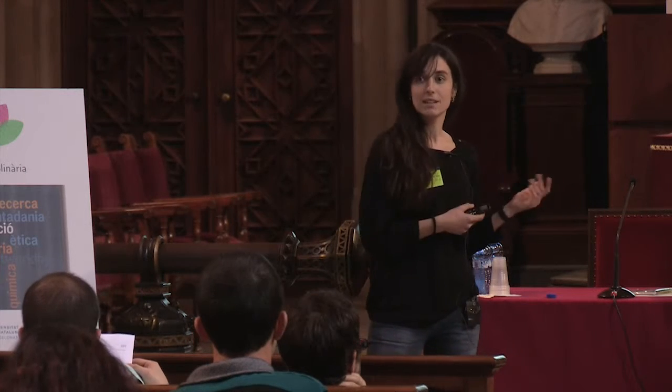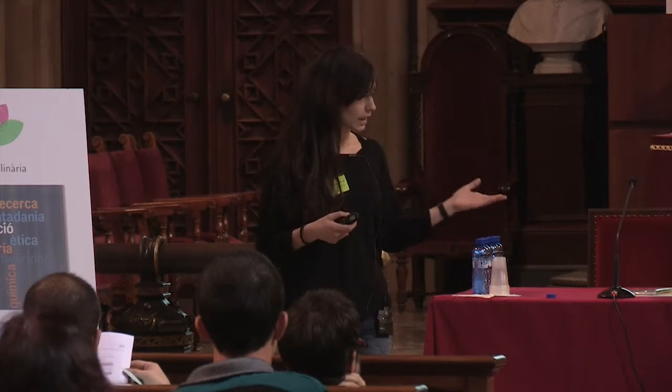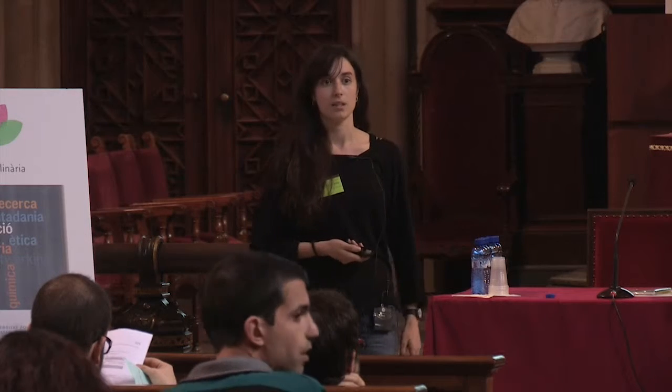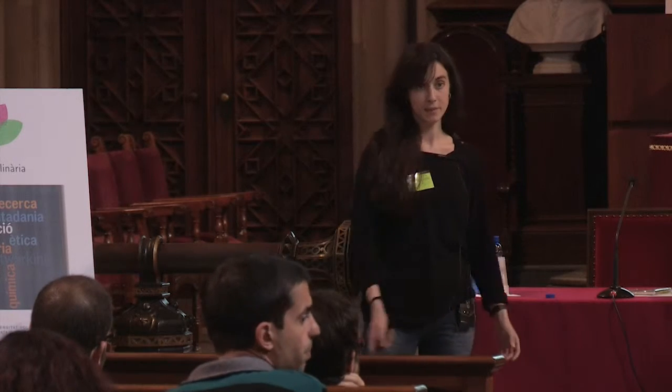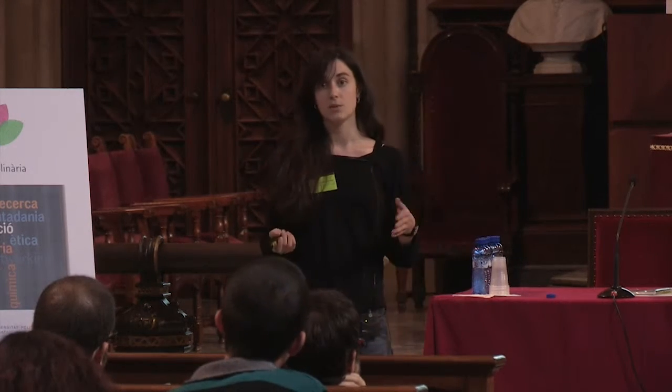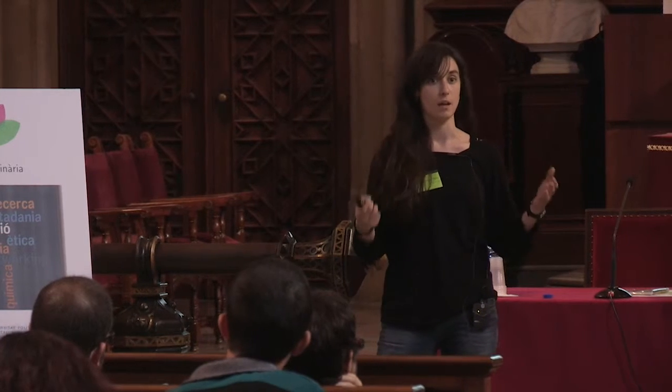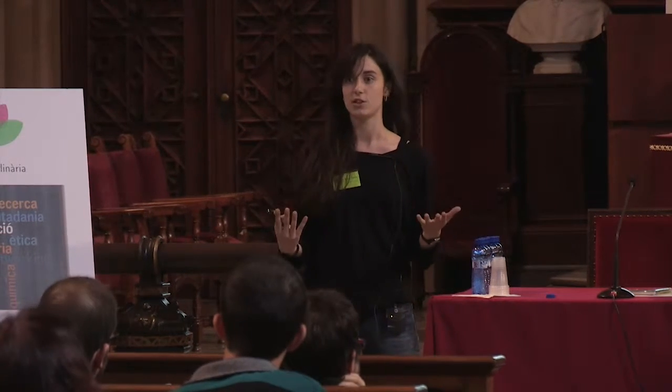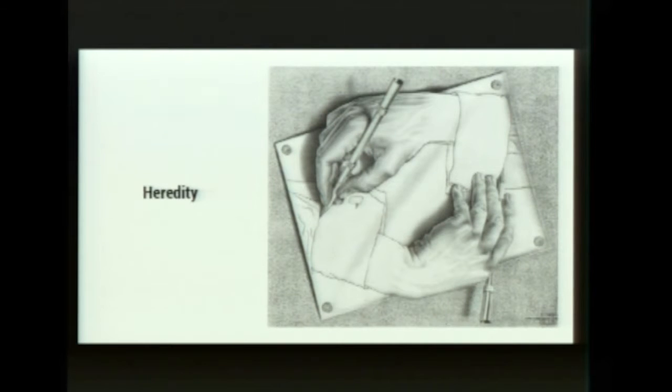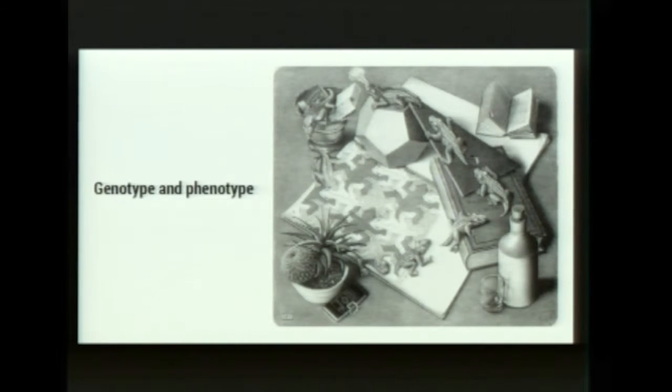So that takes us to another important concept in biological evolution, that is heredity. And that means that the elements within an evolving population must be able to transmit their features to the next generation. That is, they must be able to copy themselves. And then the elements in a biologically evolving population must have a genotype.